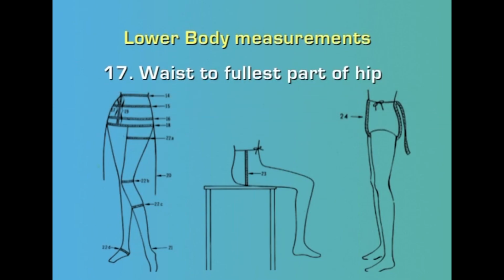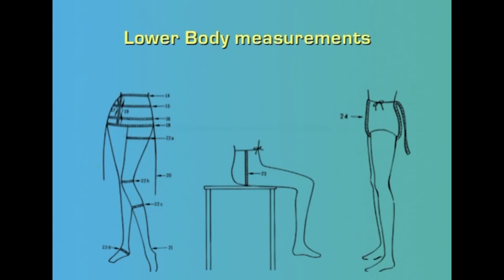Measure fullest part of hip, keeping tape parallel to floor about 7 inches down the waist, and mark this point midway between side and center front. Waist to fullest part of hip. Measure from waistline tape to hip as determined in step 16.